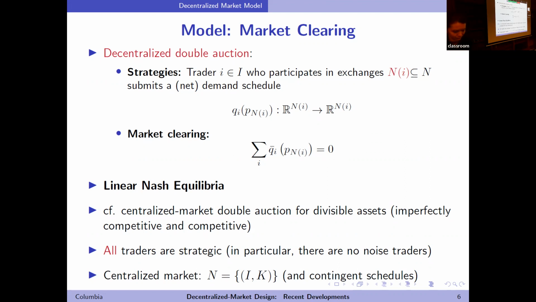Because I thought that if there are two assets and only one asset is traded in each venue, then I submit the demand contingent on the price of 1 and 2. You are submitting your demand actually on the price vector in the exchanges where you participate. Right here, and you see it's a fully contingent demand, contingent on the prices in the exchanges where you participate.